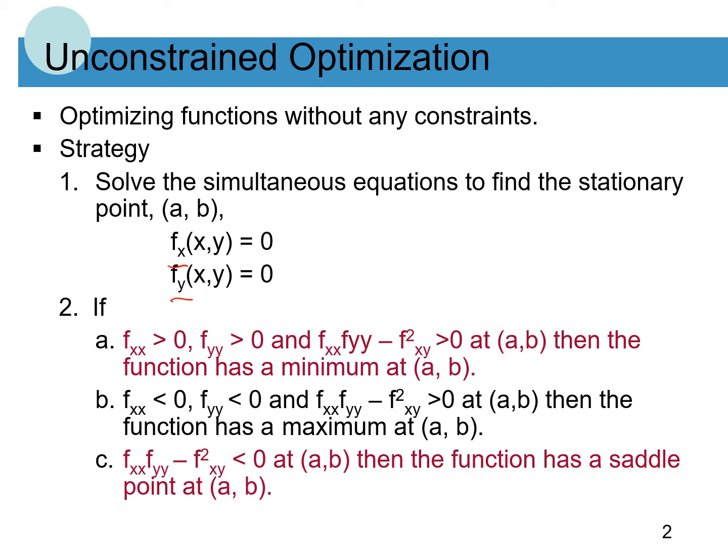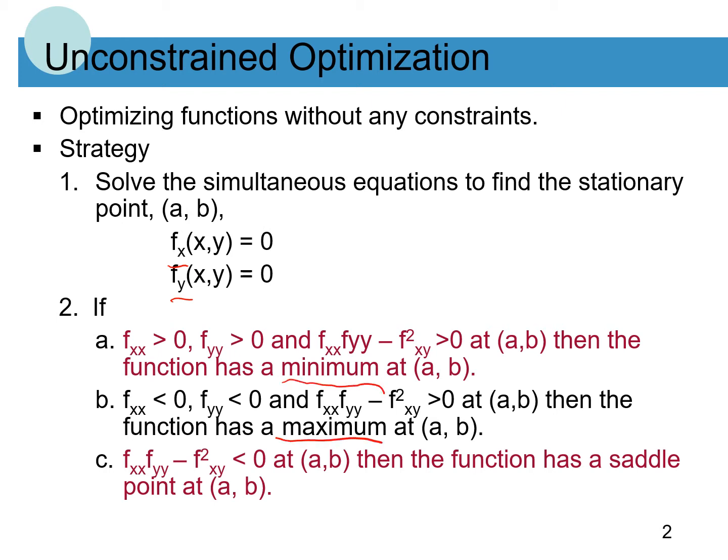But if fxx is less than 0, fyy is less than 0, and fxx fyy minus fxy squared is greater than 0 at the point (a, b), then the function has a maximum at (a, b).